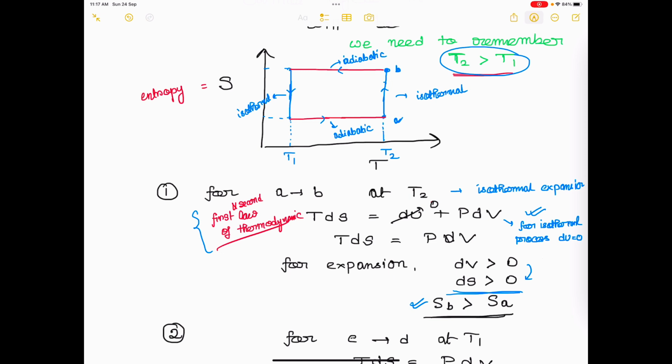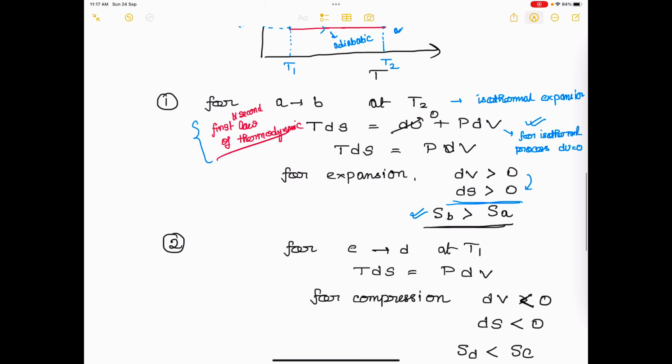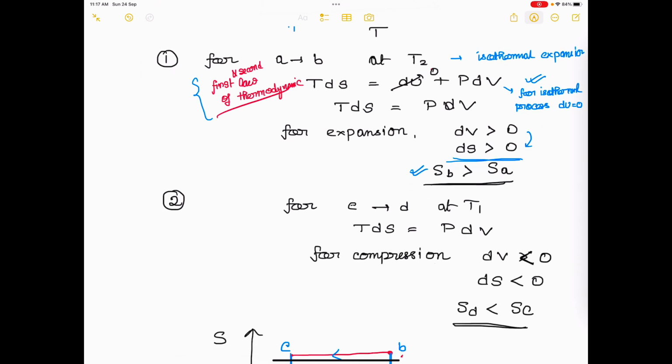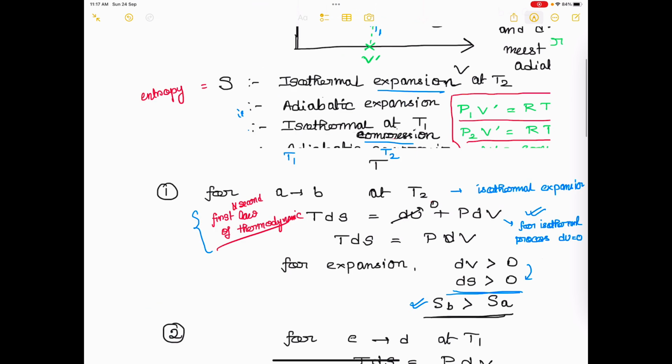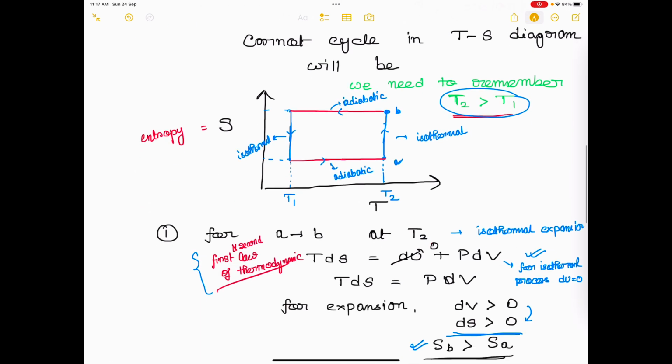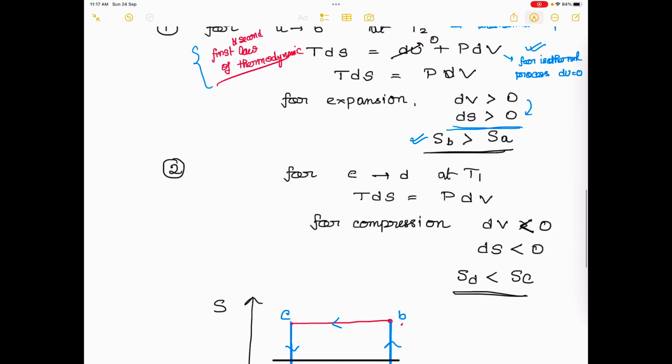Now, to check again, consider this particular isothermal line at temperature T1. C to D, which we have seen to be an isothermal compression, we can see clearly that at T1, TdS should again be equal to PdV because dU again is 0 since it's an isothermal process. Now for compression, dV should be less than 0, so dS should be less than 0 from this expression.